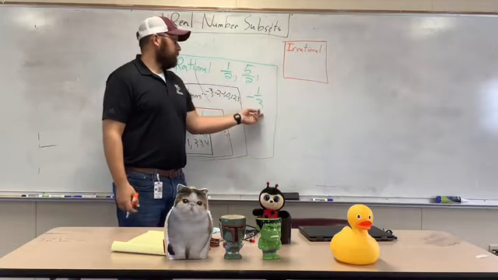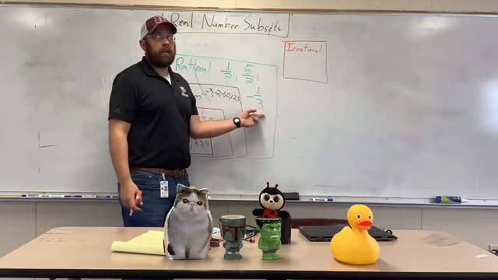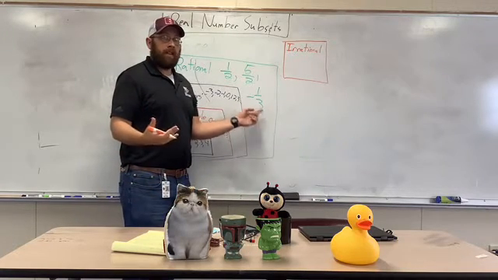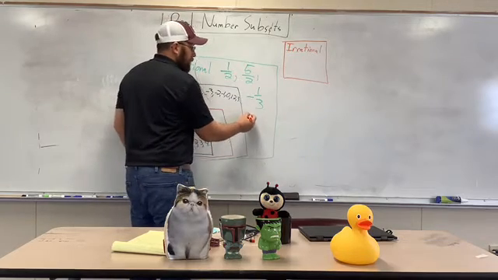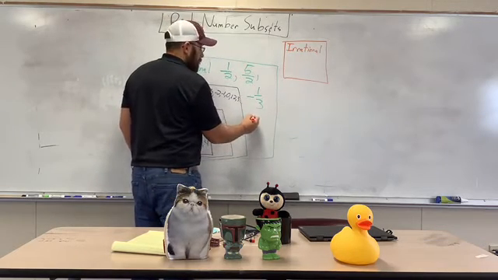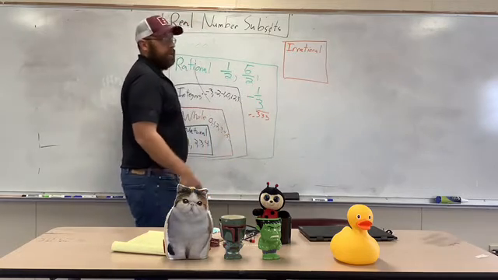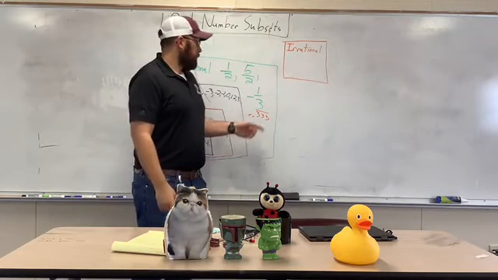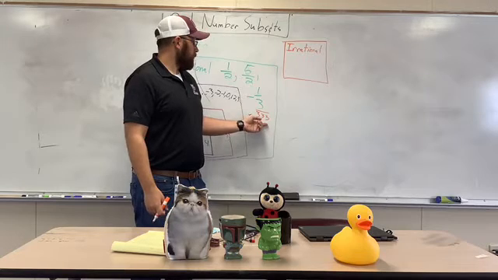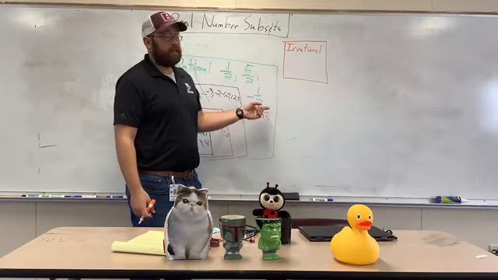So, an example, negative 1/3 here. If I divided that out, I would get negative 0.333 repeating forever and ever. So that repeats.